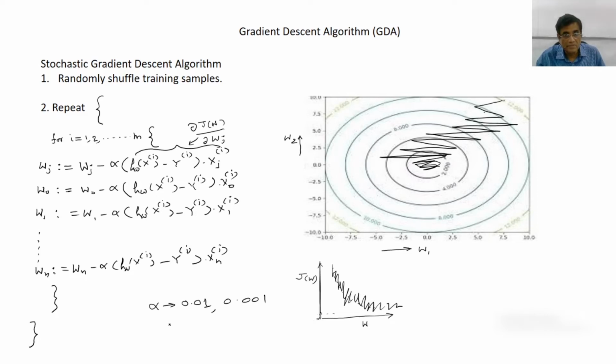The advantage of the stochastic gradient descent algorithm is that it is very fast, because it takes a decision about the updation of the parameter after every sample. And if you can afford to sacrifice a little bit of precision in the values of W, then this is the best option you have. Very popular, the stochastic gradient descent algorithm is.